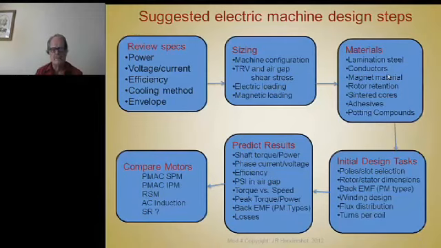Aluminum or copper is about your only choice. But there's certainly a big selection of magnetic materials, and some of the packaging requirements of these materials: insulation systems for the conductors, and adhesives for holding magnets onto rotors, or rotor retention methods.